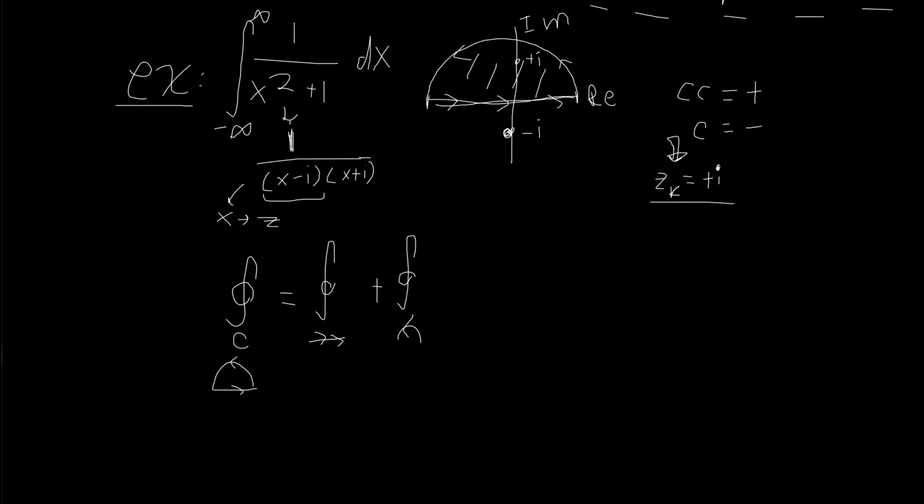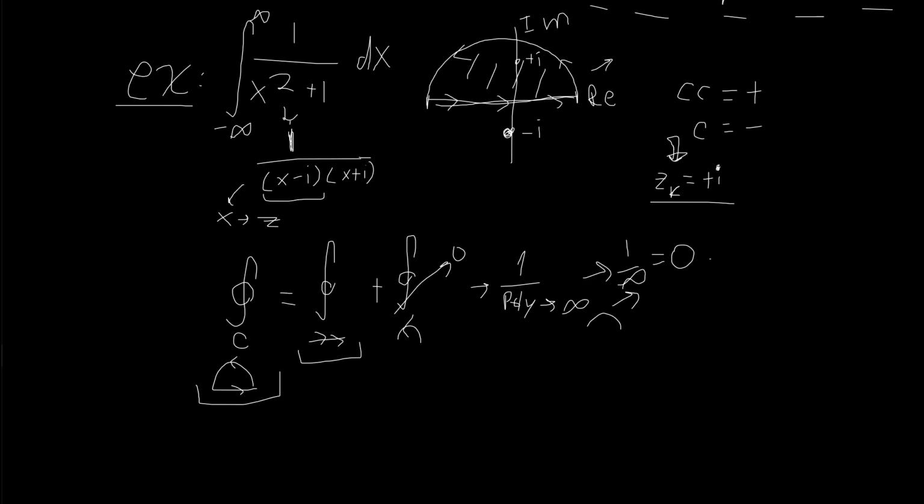Now the integral of the top arc is really easy to see, it goes to 0, simply because we have 1 over a polynomial, and as the arc expands outwards, 1 over infinity is just equal to 0. So we don't even need to take this into account. Really, the overall integral of the entire system is simply equal to what we want.